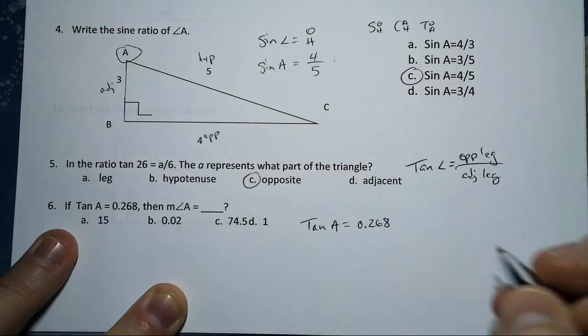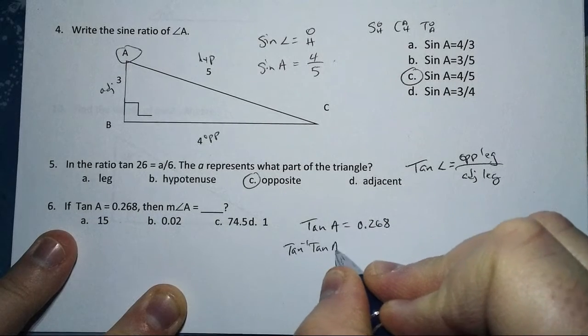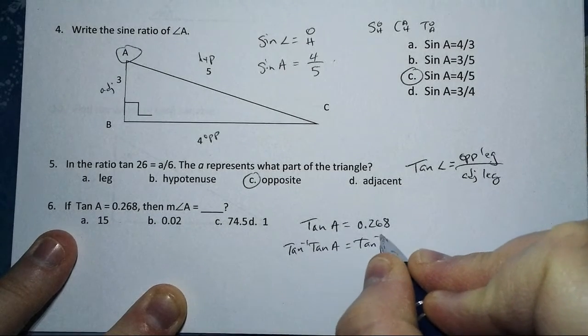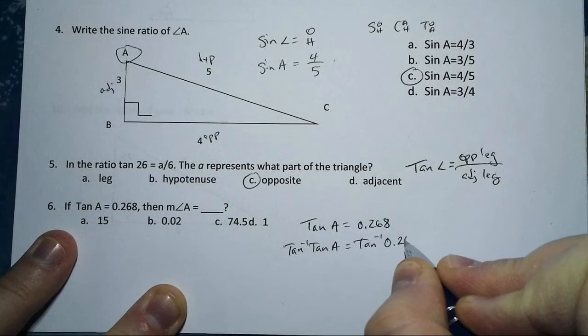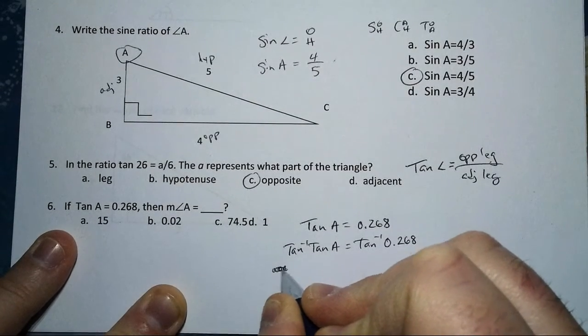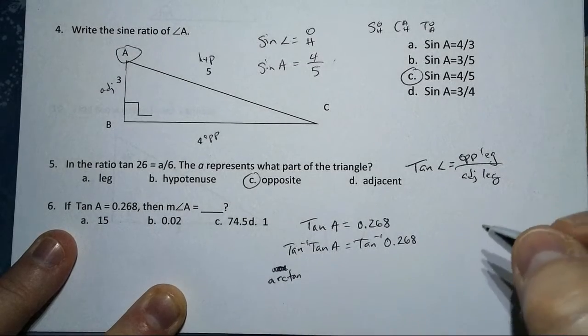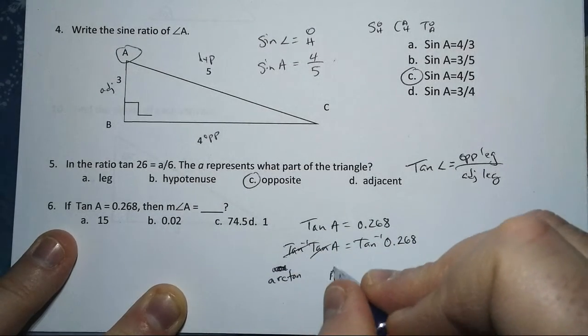All right, the next one, if the tangent of A is 0.268, how do we solve for A? Remember, we take the inverse, or the arctangent, if you're using that one. If you want to put down arctan instead, arc, A-R-C, tangent, that's another way you can write that. And then these two cancel themselves out.